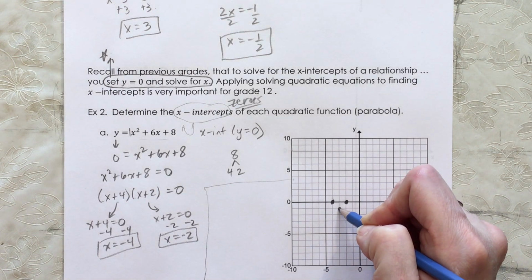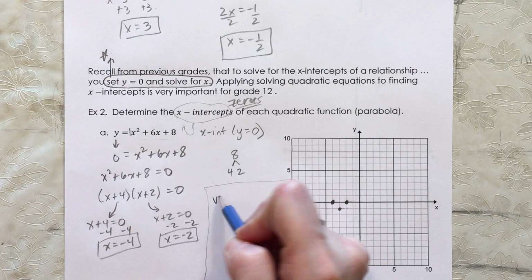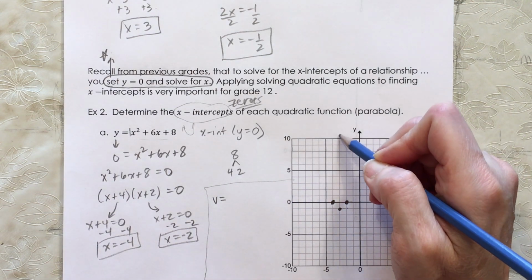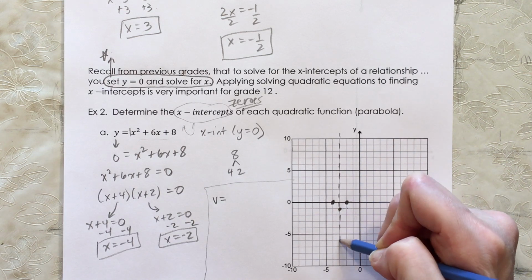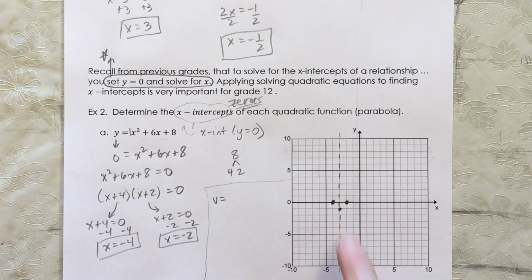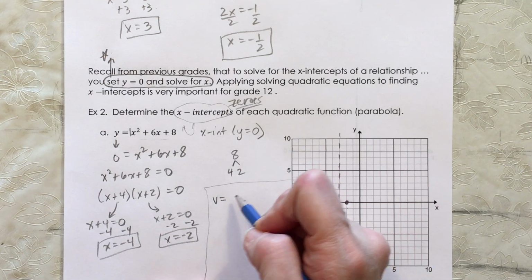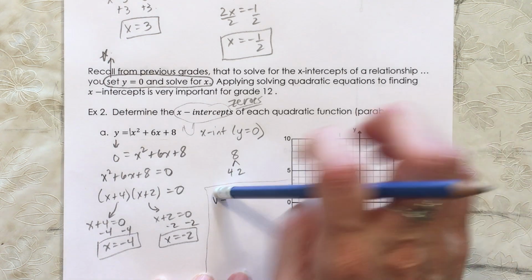If the vertex is here, over 1 up 1, over 1 up 3. But you can also find the vertex because we know that the axis of symmetry of a parabola is always halfway between the x-intercepts.